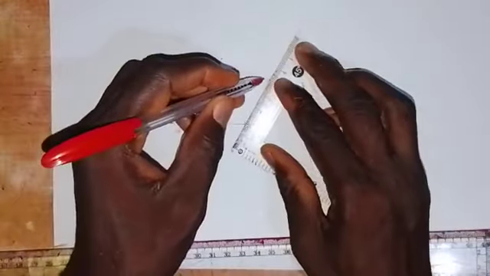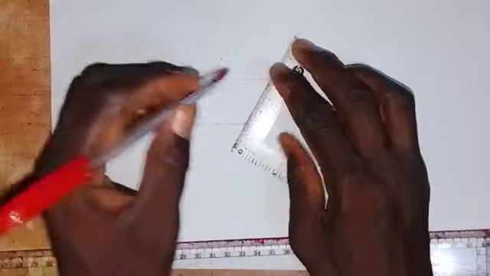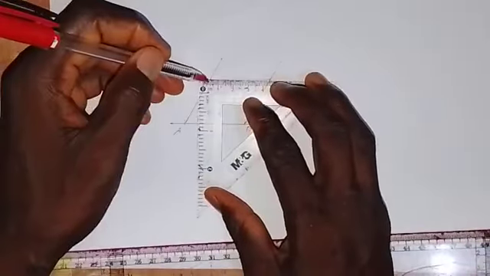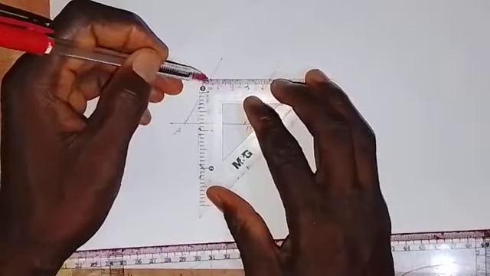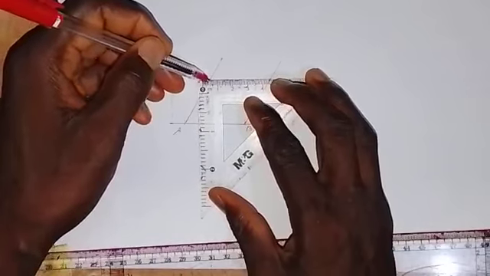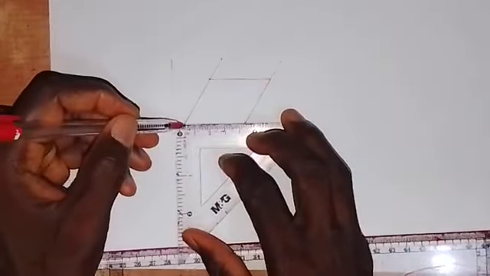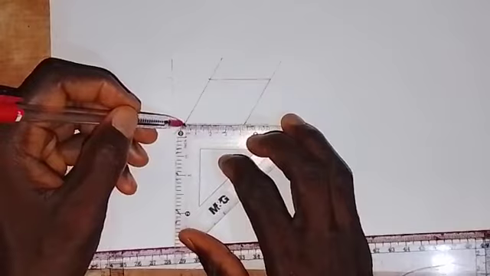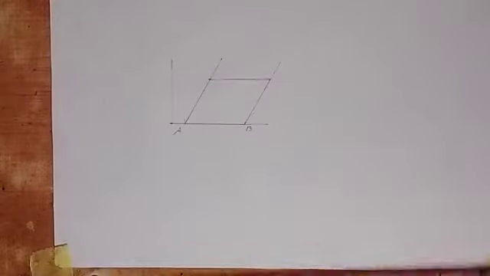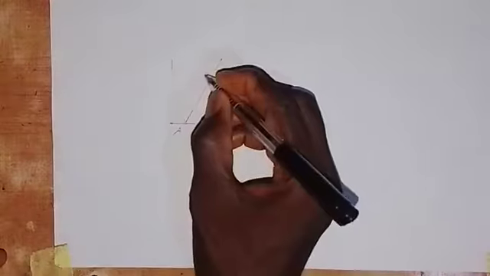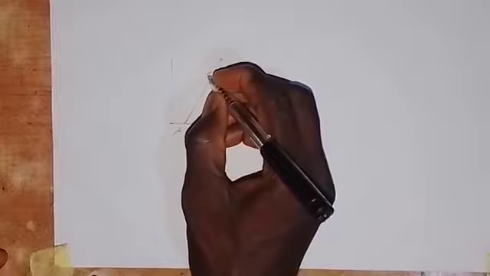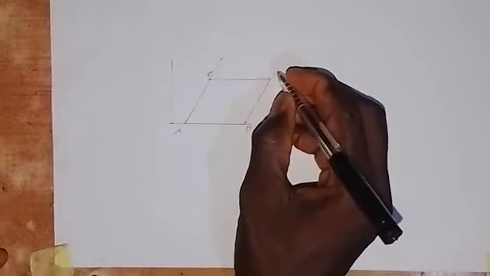Okay, so we have the given figure like this. Let's label it. This is point C, and this is point D here.